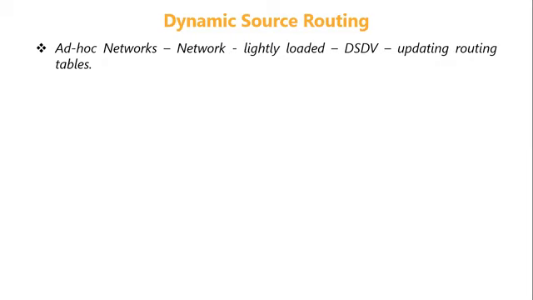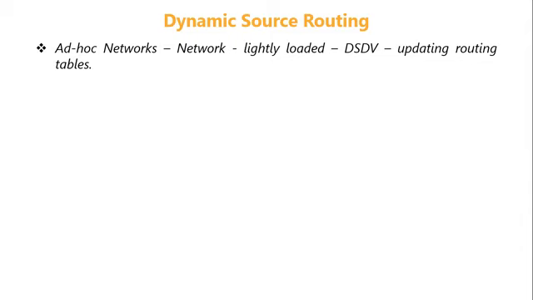Even if the data transmission in the network is very low, or the network is only slightly loaded, the routing table will keep getting updated. Because of that, there will always be some transmission of information happening.